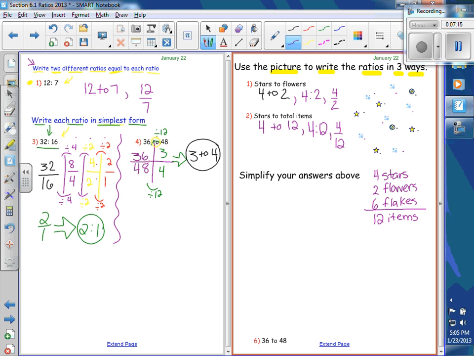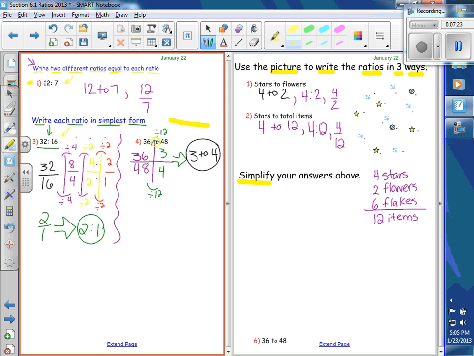Let's take a look at the next set of directions. The next set of directions is introducing simplifying. So we talked about simplifying on this page. And now we're going to apply that. So we look at our answers above. For example, in problem 1, the ratio of stars to flowers is 4 to 2.